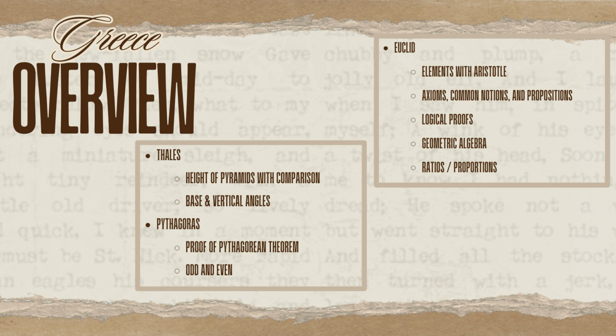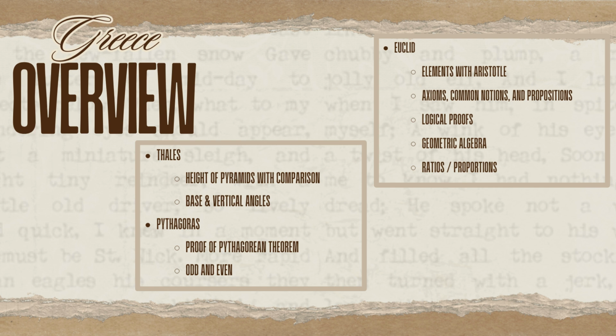He came up with the proof of the Pythagorean theorem. It is believed that it started before then, but he came up with the proof of it, and that's why it's called that today. And then he also came up with the idea of odd and even. So adding and subtracting two things that are different and getting something else. So with the odds and the evens, he came up with that idea.